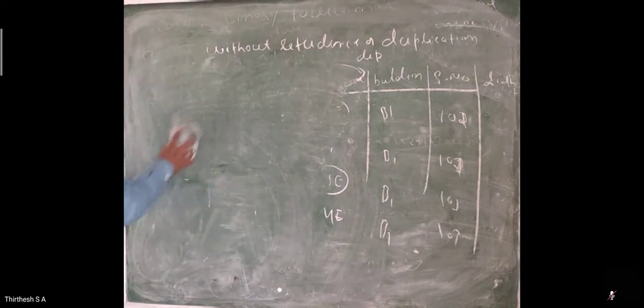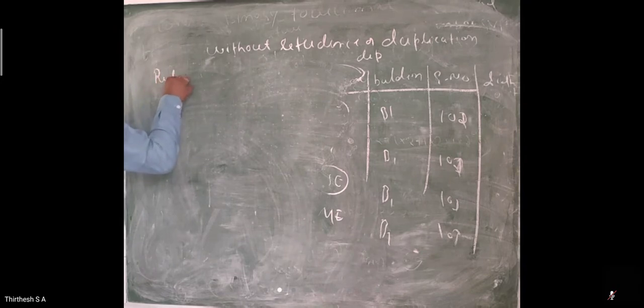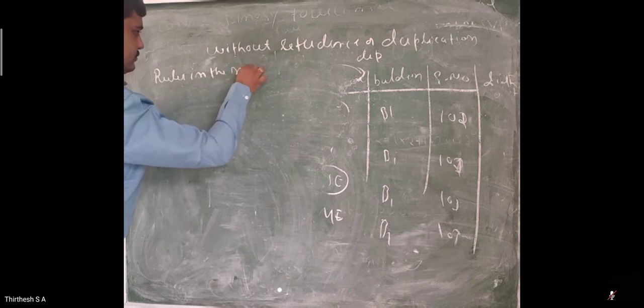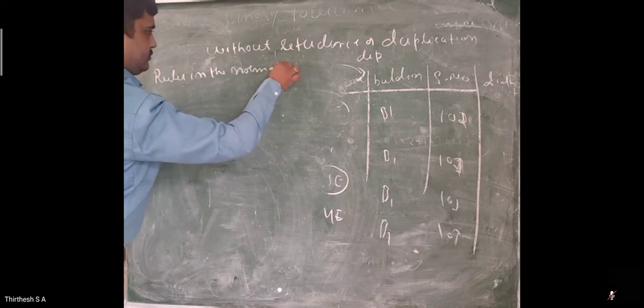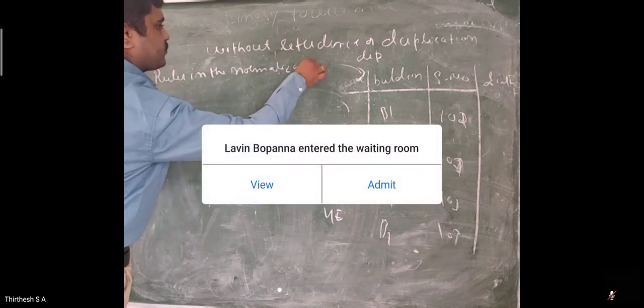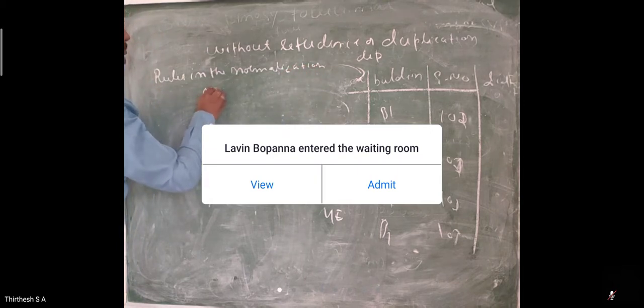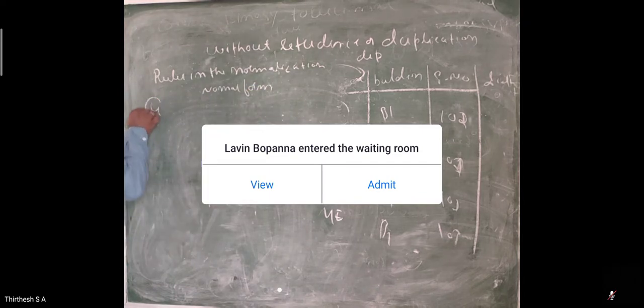The rules in the normalization are known as normal forms. So we have four types of normal forms.